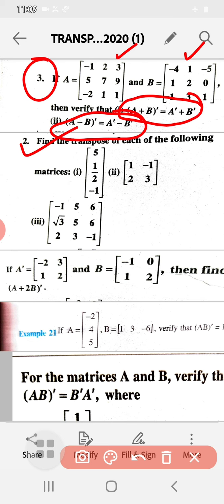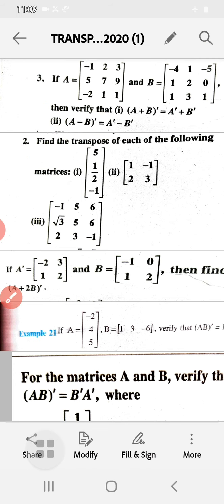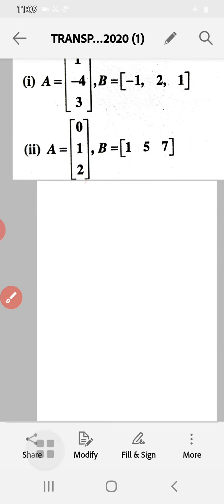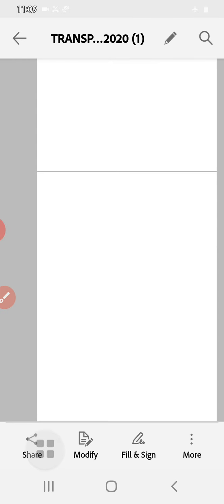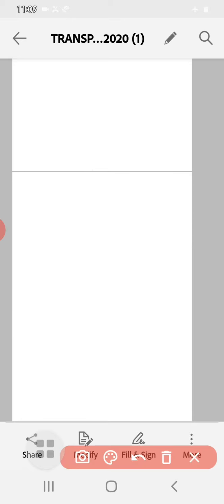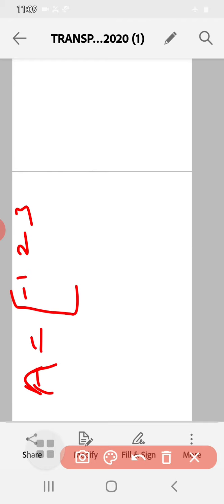A plus B whole dash is equal to A dash plus B dash. Then A minus B whole dash is equal to A dash minus B dash. So let us take up this example here. So consider what are the given matrices here. See, A equals minus 1 2 3 5 7 9 minus 2 1 1.